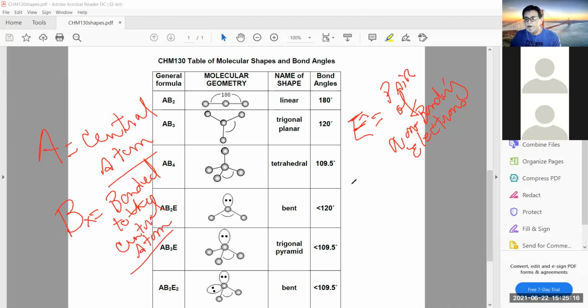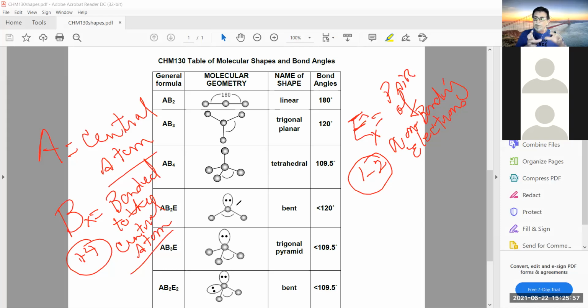That is denoted by the letter E, and it also has a subscript X. X can be from 1 to 4 for B, and X for E is technically 1 to 2. There are some other things here, but we're 1 to 2. You can see the image in the second column of the shapes table. You got 2 dots. Those are lone pairs of electrons on the central atom.